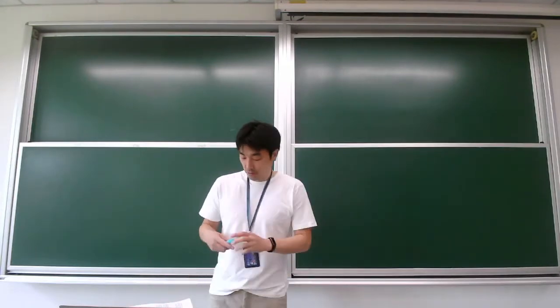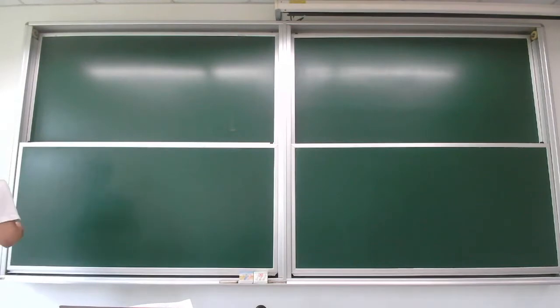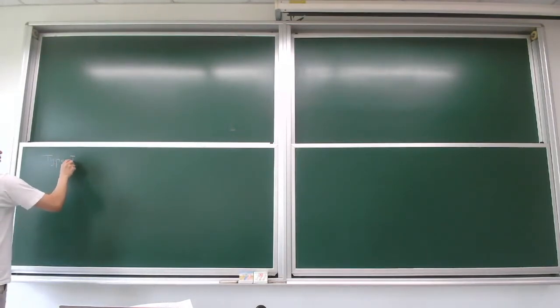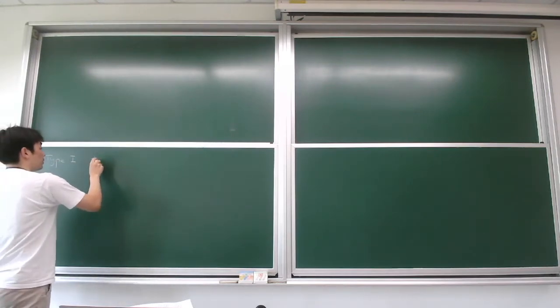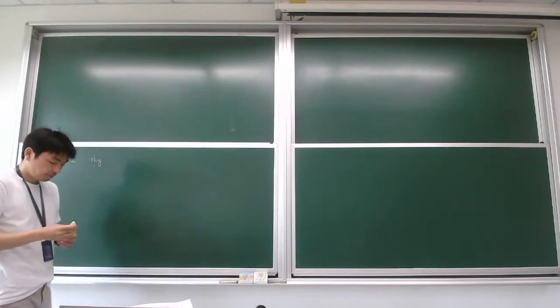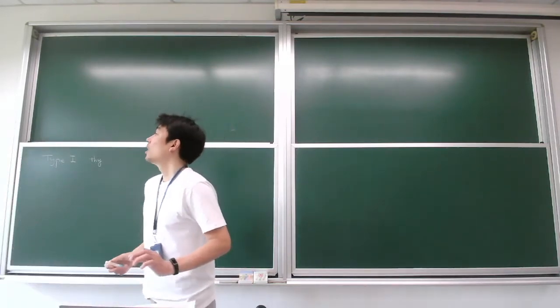So we are talking about type 1 string theory, type 1 theory. That is the orientifold projection.